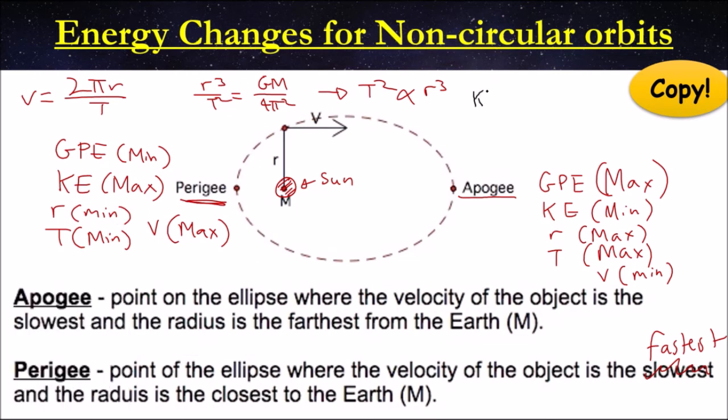So remember, kinetic energy is GMm over 2r. So as r decreases, this will increase, while the formula for gravitational potential energy gives a negative value.